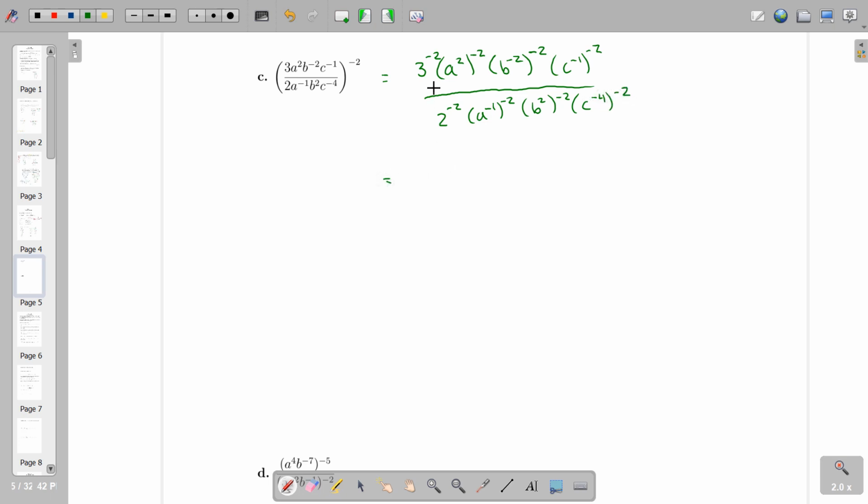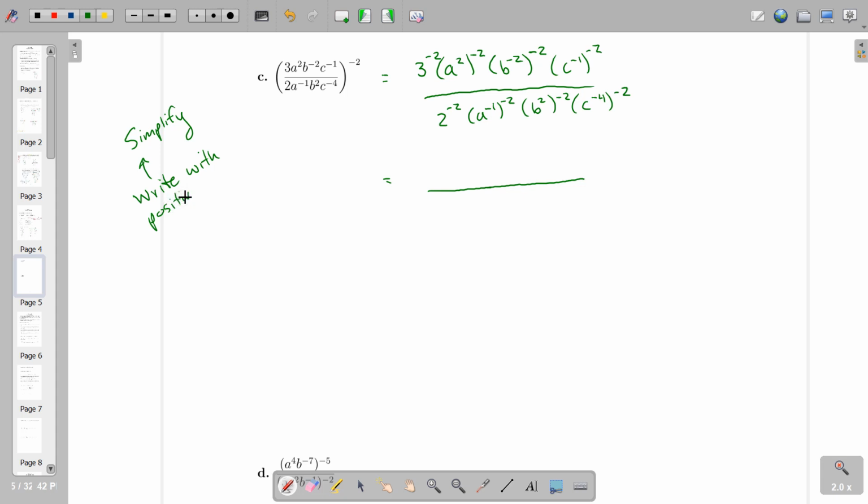And then what I have is, well, 3 to the negative 2 and 2 to the negative 2. I really can't do much with those, right? But what I do know is, and I guess I kind of dropped the ball in saying this, so let me just say it now. Whenever we say simplify, this means write with positive exponents.